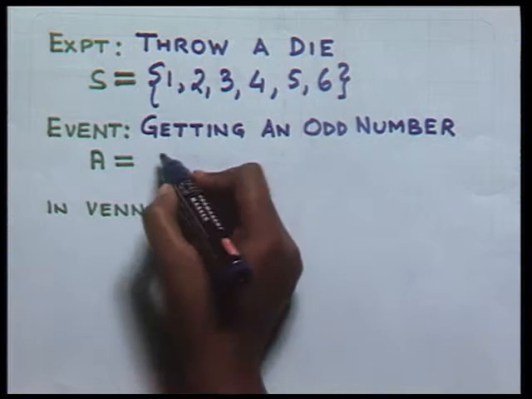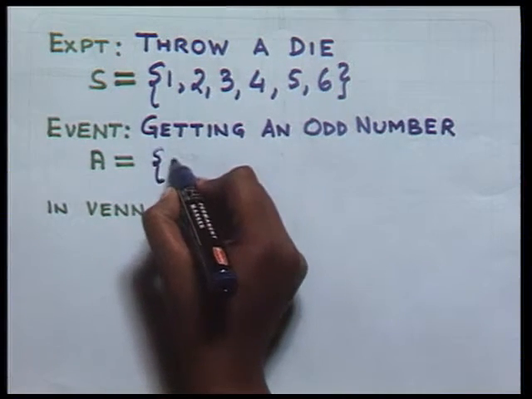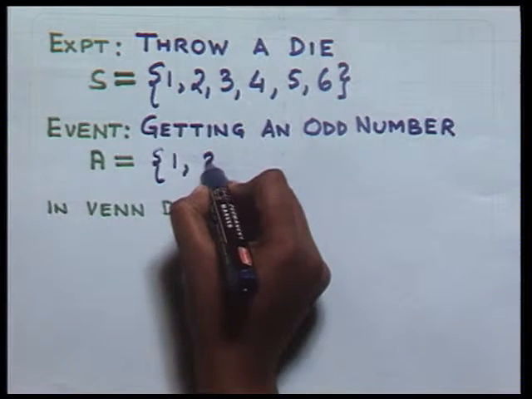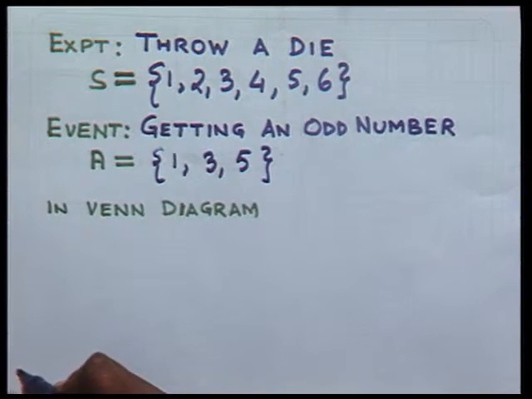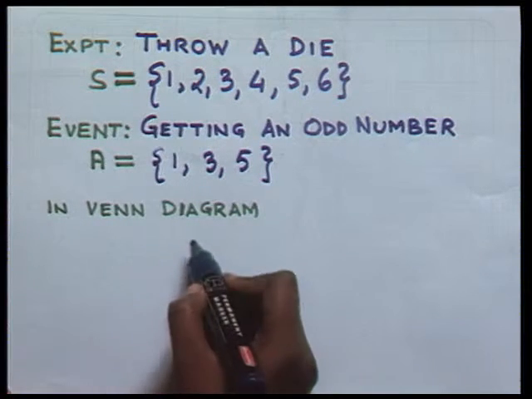In case the answer is yes, then we say that the event has occurred and we consider that outcome as the favorable outcome. The set of all favorable outcomes makes the event set. So, the event set for this event, getting an odd number, has the favorable outcomes 1, 3 and 5.